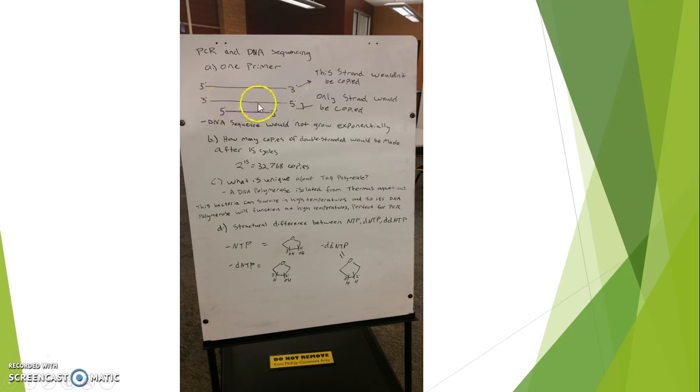If this strand does indeed contain our sense strand, then it's okay. But the problem is that it won't grow exponentially. You have to run it for a lot more time, like say 80 plus cycles.